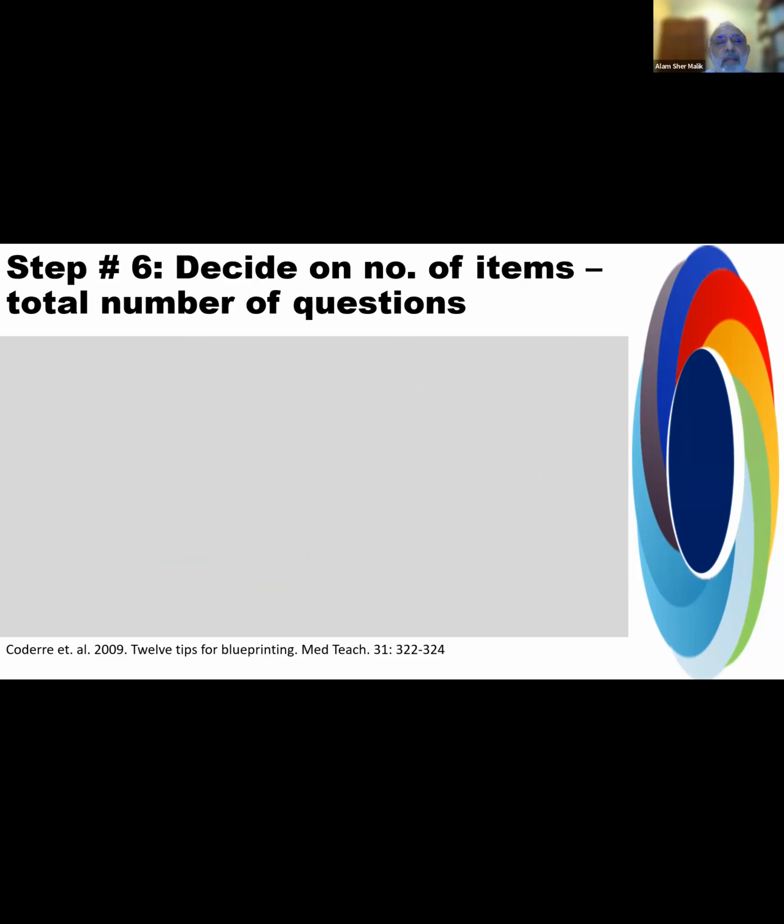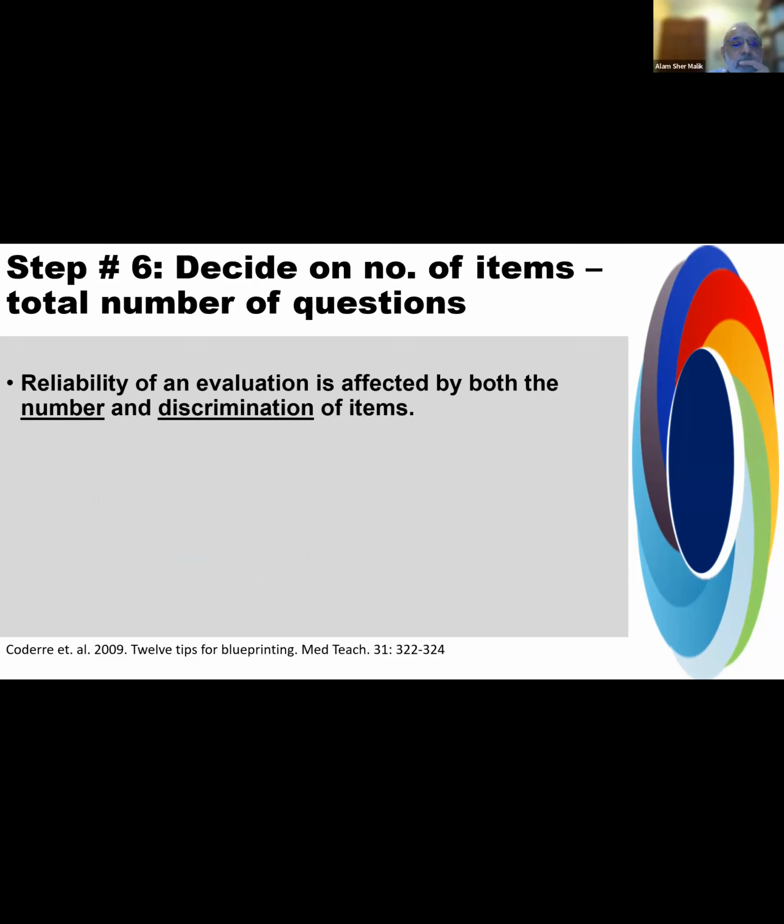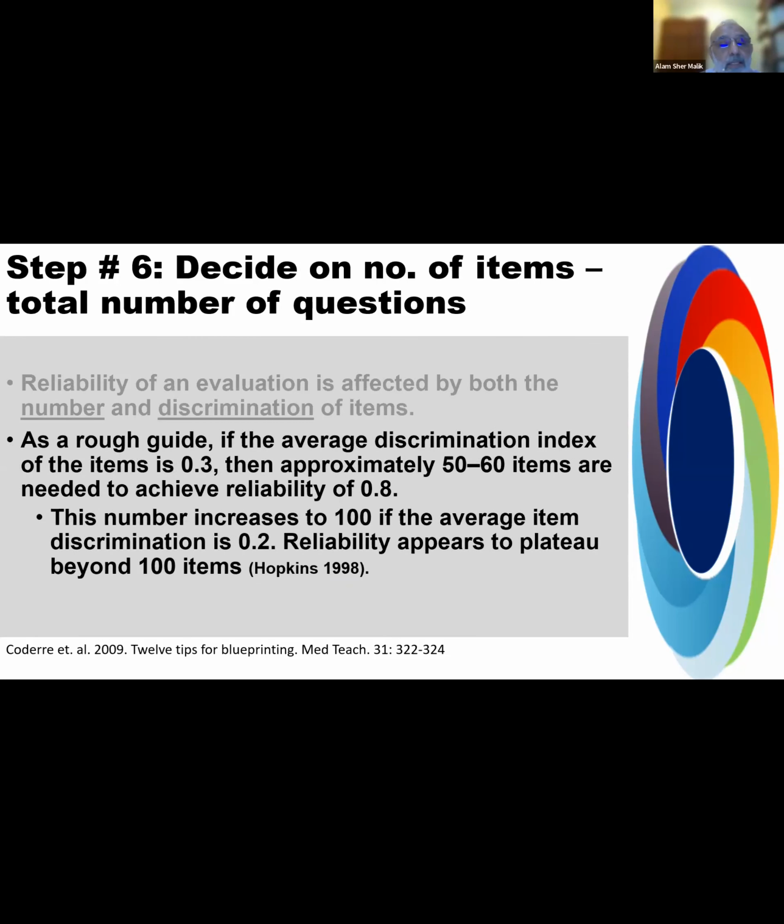And then decide on the number of items, the total number of questions. The reliability of an evaluation is affected by both the number and discrimination of the items. As a rough guide, if the average discrimination index is 0.3, then approximately 50 to 60 items are needed to achieve a reliability of 0.8.